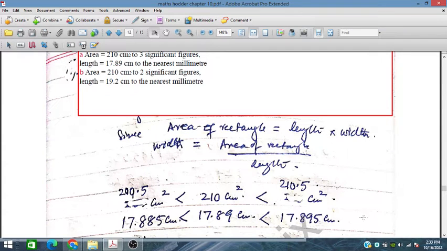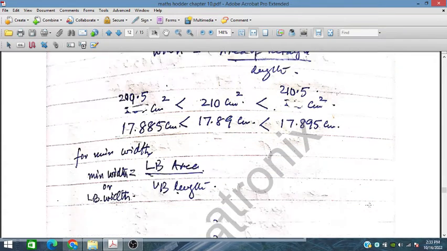So for the minimum width, or the lower bound width, we take the lower area and the upper length.